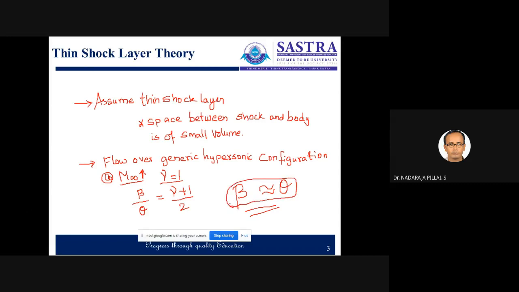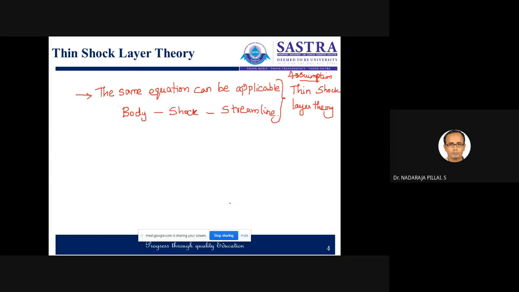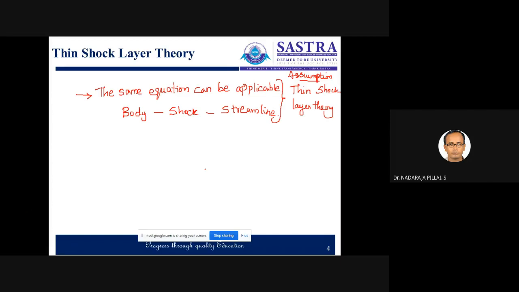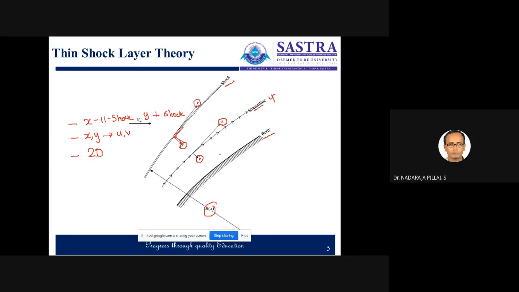So now we have a condition that the equations which we apply for the body, shock and the streamline are all the same, right? Because β is equal to θ, and equal to ψ if you consider the stream function, then everything is equal. So this is the basic assumption we have in the thin shock layer theory. So let us draw here the body, then we have a shock for the particular body and a streamline, right?